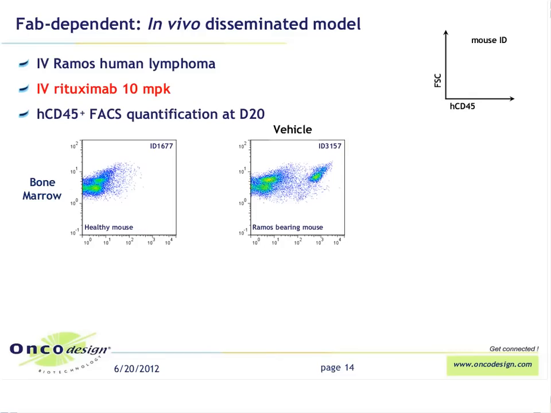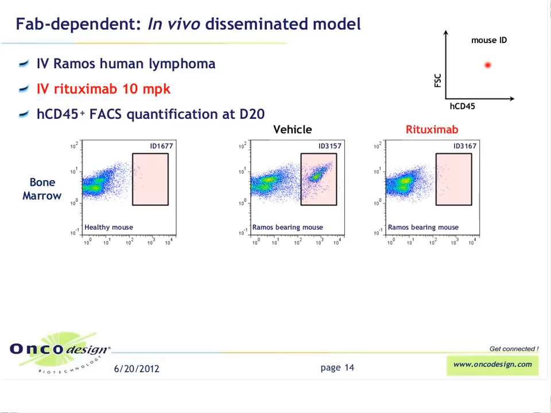In healthy mice, as control for the SPECT analysis, we have no background, and for Ramos-bearing animals treated by the vehicle, we clearly identify the Ramos cells in the bone marrow of these animals.